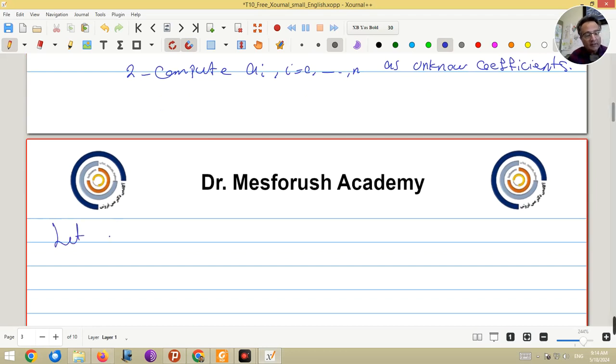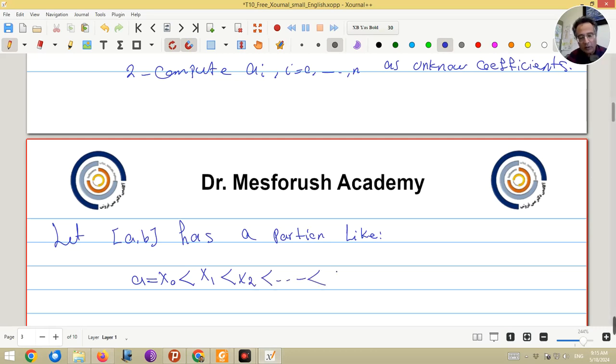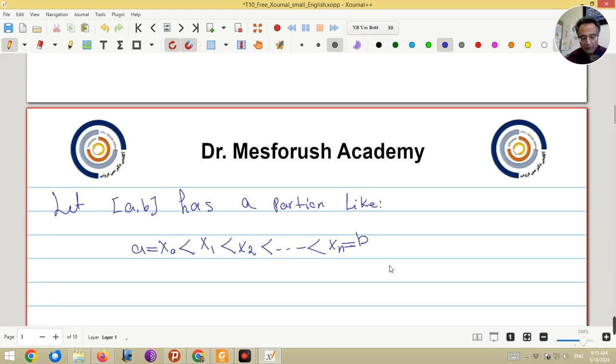So let a and b have a partition like x0, which should be equal to a, less than x1, less than x2, and so on until xn, which is equal to b.